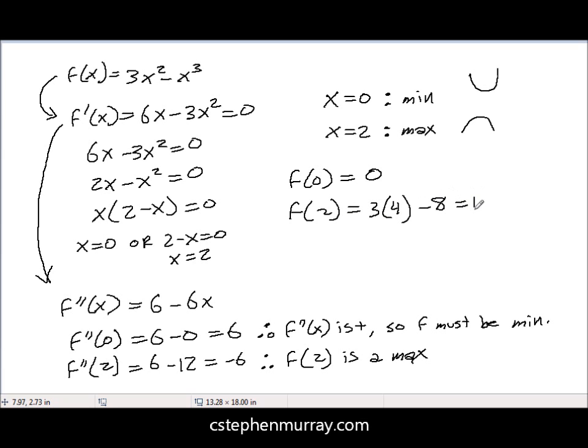That equals 12 minus 8, which is 4. This means this point is at 0, 0 and this one is at 2, 4. This one is higher than that one, so this should be a minimum and this should be a maximum. I don't love it as much as using the calculus, but that's another possibility.